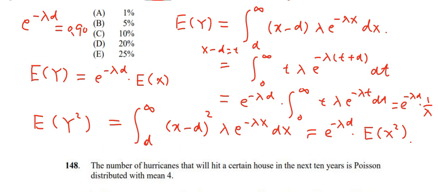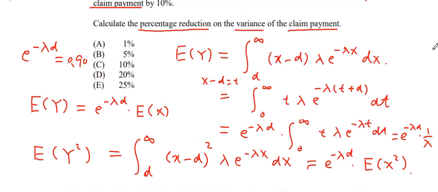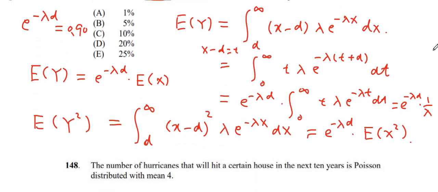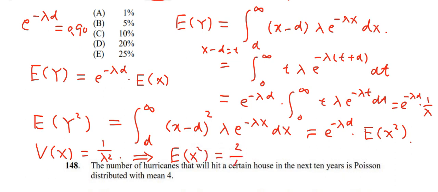So what is E[X squared]? For the exponential distribution, E[X] equals 1 over lambda and the variance is E[X squared] minus E[X] squared. So we find E[X squared] equals 2 over lambda squared.